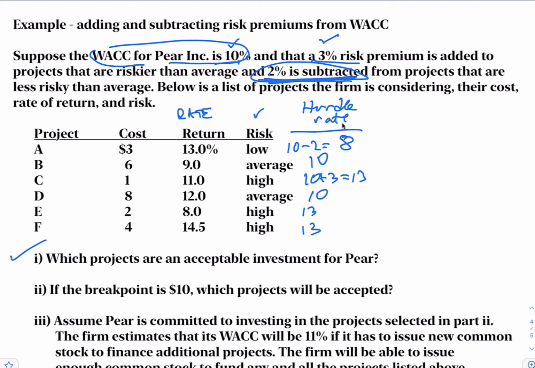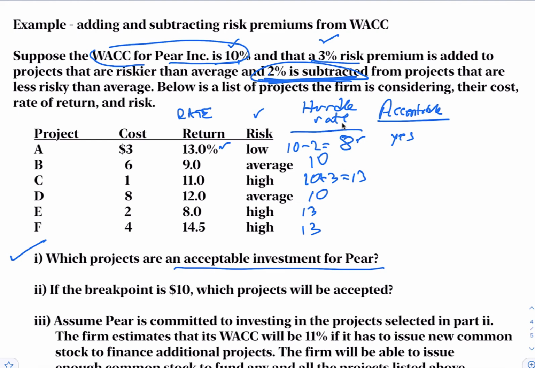So the first question says, which projects are acceptable for PAIR at this point? There's no mention of any constraints. So which projects are acceptable? Well, let's compare. The rate of return 13 versus a hurdle rate of 8, it certainly clears it by 5 points. So yes, A is acceptable as a project.